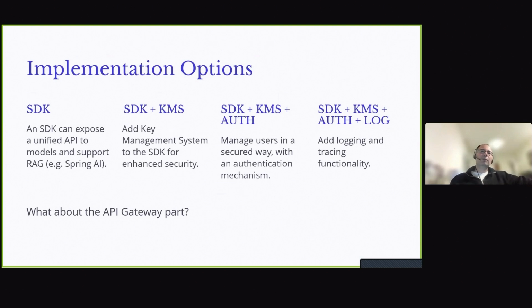So you probably want to add some key management systems. If you have a few models or a few types of users, then the tokens that you use to access these models should be managed somehow, right? And alongside there comes the quota and the payment for this stuff. And later on, you don't want everyone to access these models uncontrolled, so you're probably going to add some authentication mechanism.